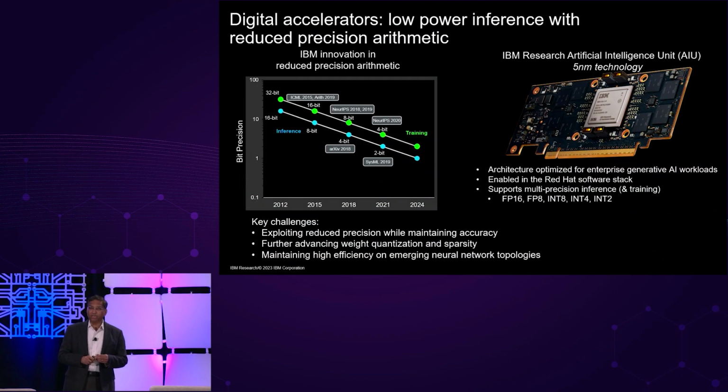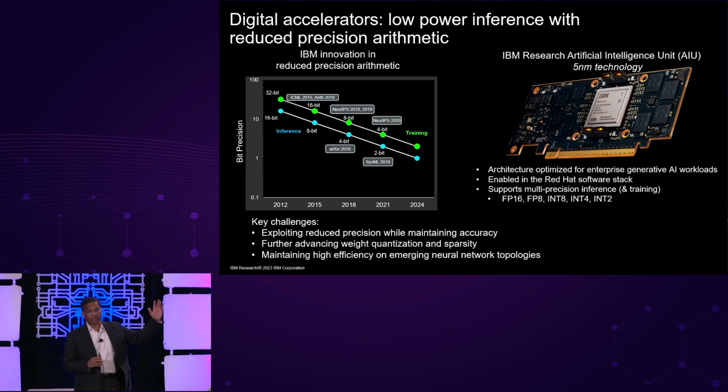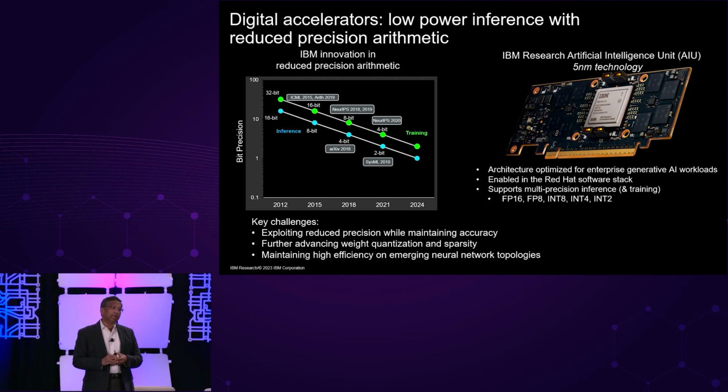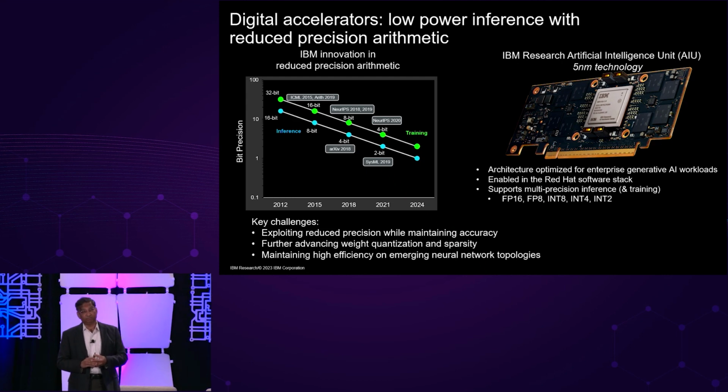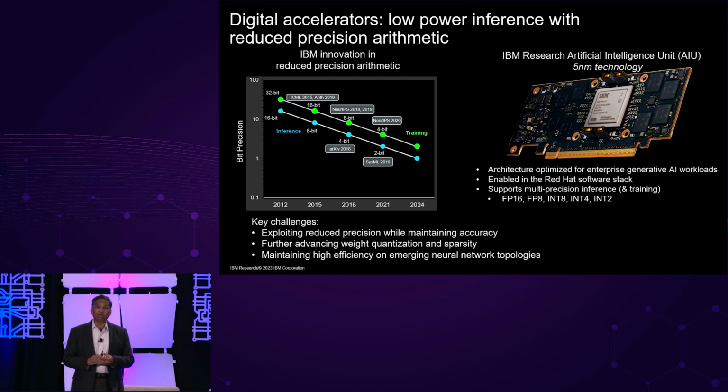So on that journey, IBM Research has always been, I'll say, a fundamental or science-driven organization. We started from the first principles. What is the arithmetic involved in this deep learning computation? And as you can see on the left side, we were the first to publish papers on using a smaller number of bits, or reduced precision computing, to still achieve the same level of accuracy.